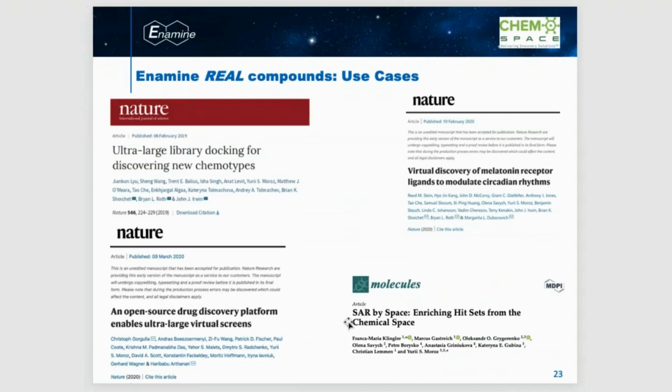These are just a few papers that use REAL compounds, and again, I won't stop on them.